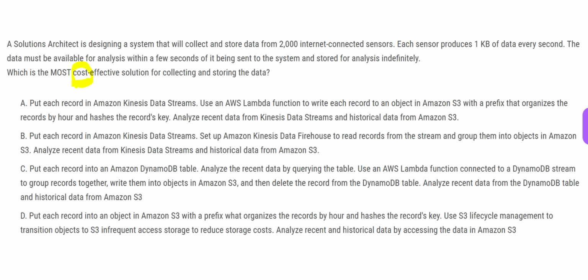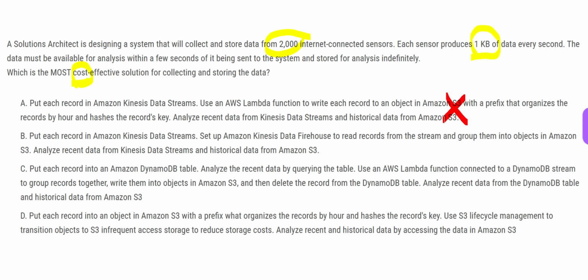A is telling that they will use Lambda to write this 1 KB every second from 2000 sensors. What will happen is the put will be very expensive, costly here, because so many times you have to fire put, and then this will not work.